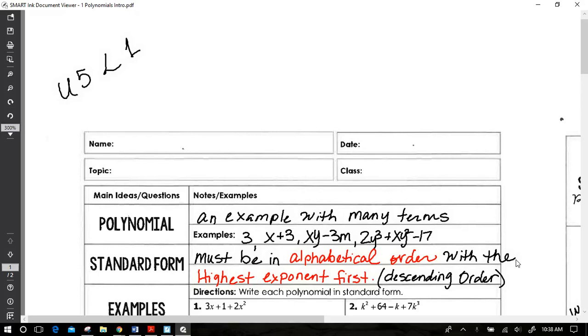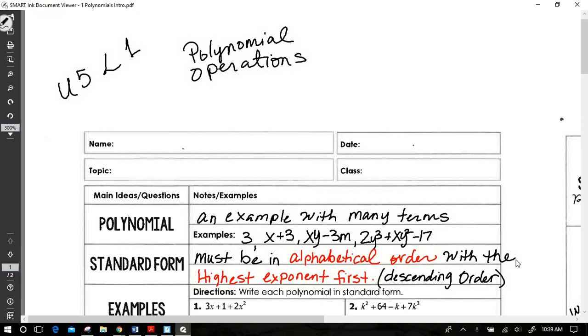All right, guys, today we are ready to start Unit 5. Unit 5 is all about operations with polynomials. Okay, or you could say polynomial operations. Either way, we're going to be doing adding and subtracting.